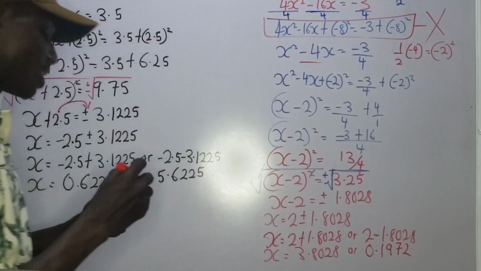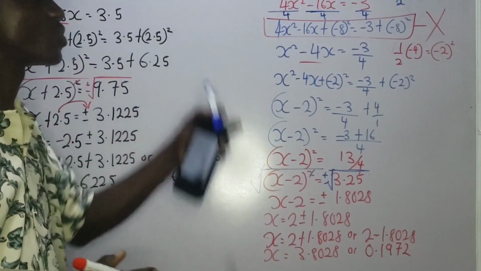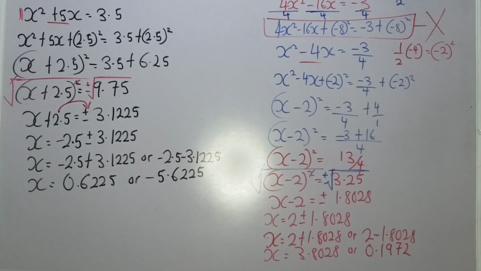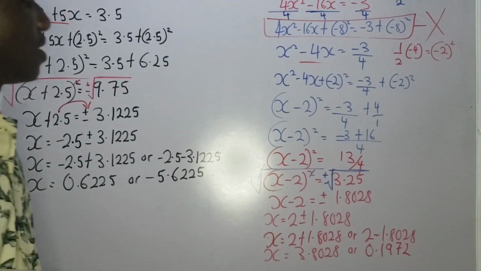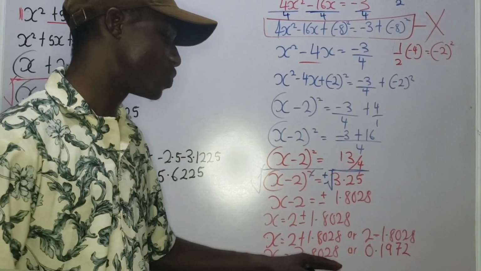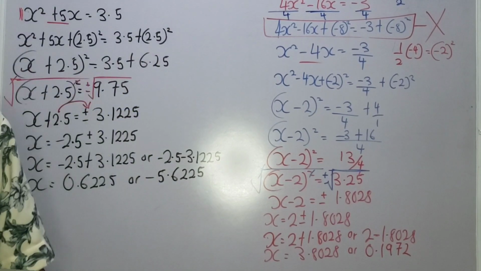So the value of x that makes the quadratic equation 4x squared minus 16x plus 3 to be equals to 0 is 3.8028 or 0.1972. Do you understand?